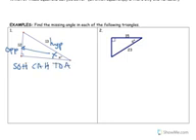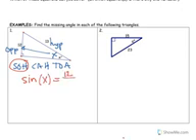SOHCAHTOA. And which trig ratio, sine, cosine, or tangent, involves the opposite and the hypotenuse? That would be sine. So we're going to set up an equation just like we did before. Sine of the angle x equals opposite is 12 over the hypotenuse is 13.